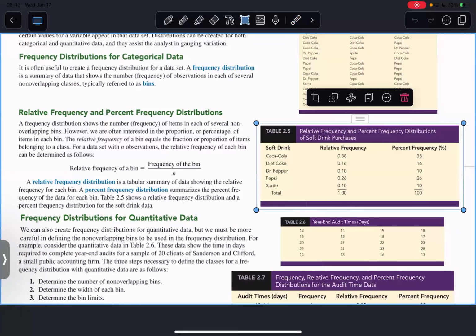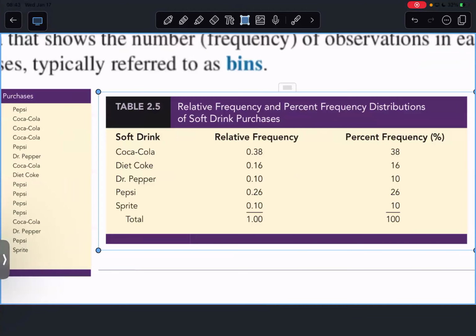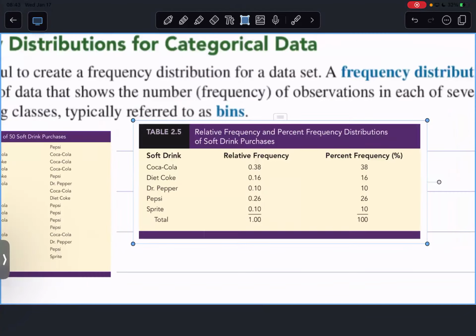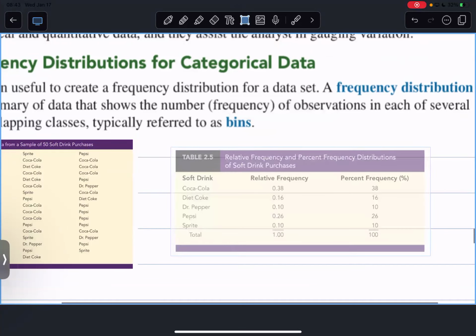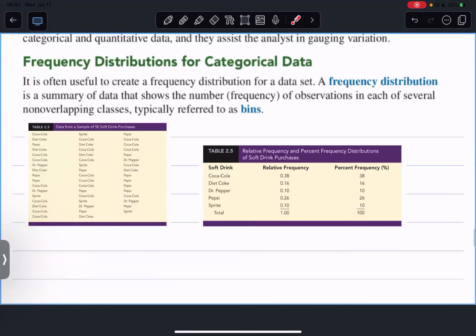So what we could do is make a frequency distribution. I guess this is the relative frequency. What's the relative frequency? It's relative to the others. So out of the grand total, how many bought Coca-Cola? The relative frequency is 0.38, or usually we convert it to a percentage, so 38%.